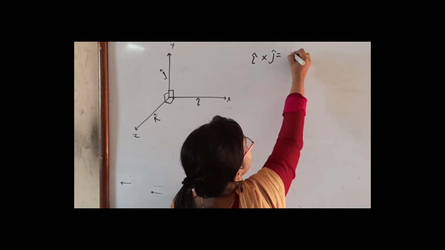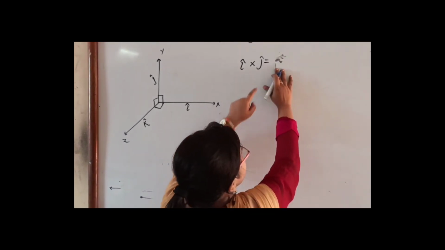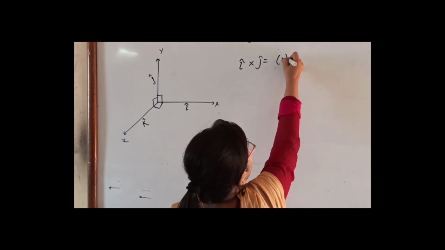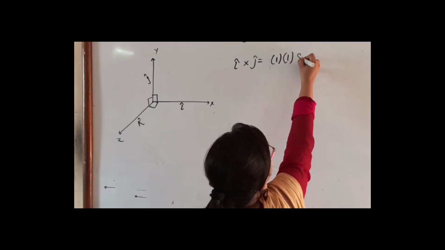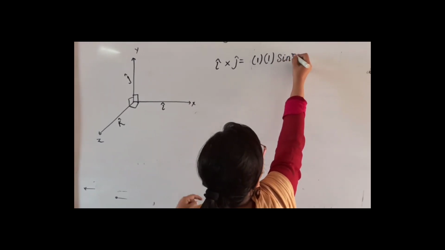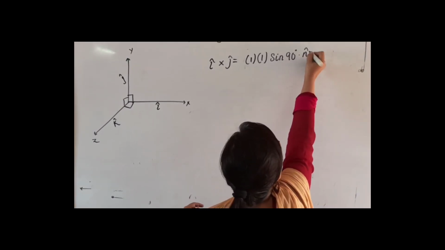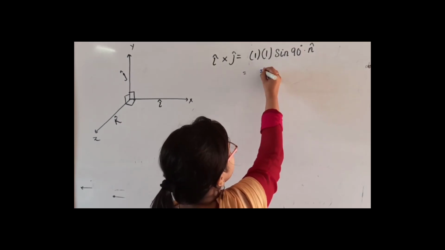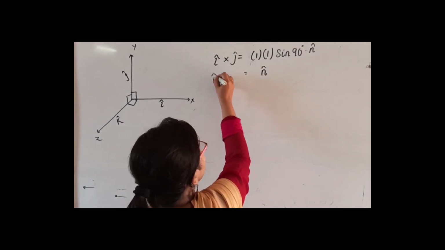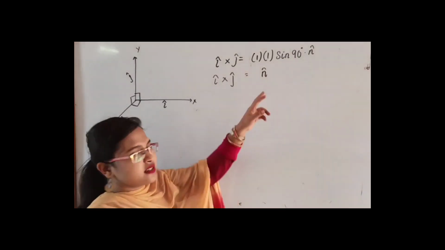For the unit vector i cap, the magnitude is 1. For j also it is 1. For the angle, sine theta is sine 90 degrees, and n cap. So of course it is 1 into 1 into 1 into n cap. So i cap cross j cap gives the unit vector n cap.